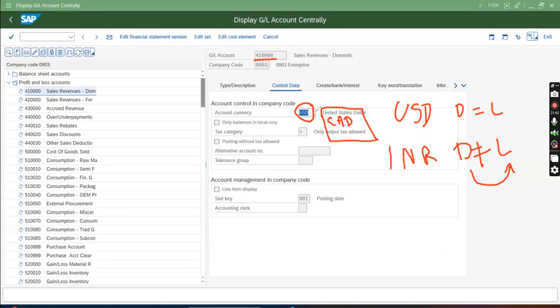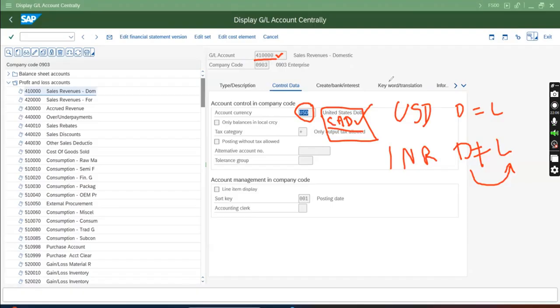If the account currency is equal to local currency or company code currency, then this GL account can be used to post any transaction, any currency. But if the account currency is not equal to local currency or company code currency, then whatever currency is mentioned, only that currency is allowed to post an entry in that GL account.